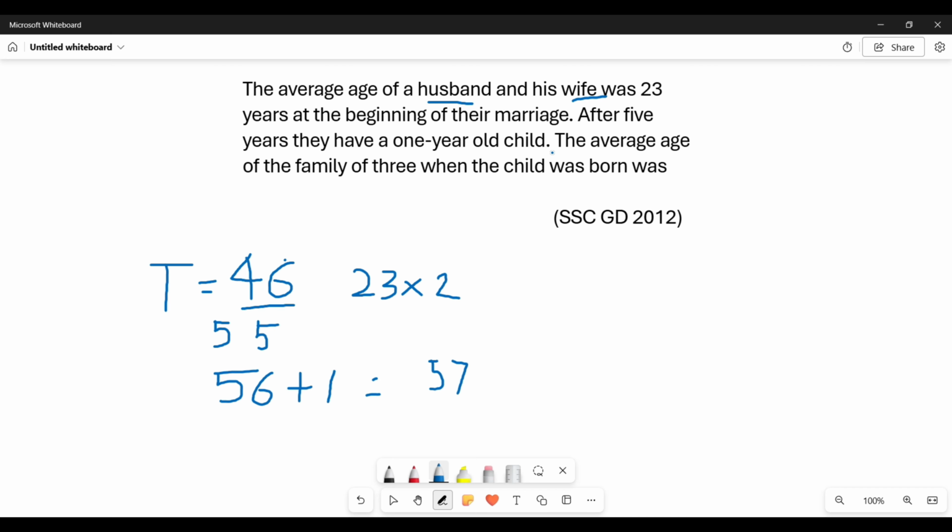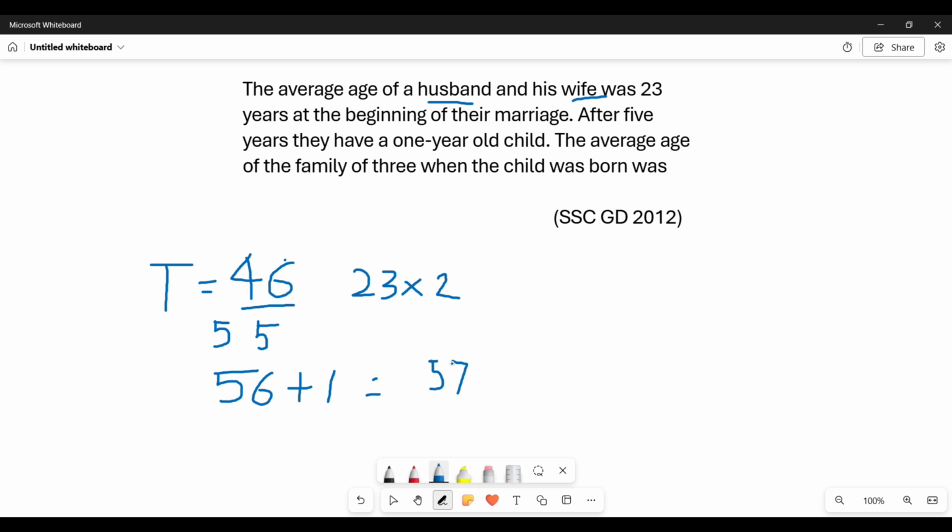Now what they are asking is the average age of the family when the child was born. Now after 5 years the child is 1 year old. So if you're thinking about when the child was born, you have to subtract the 1 year of the child.